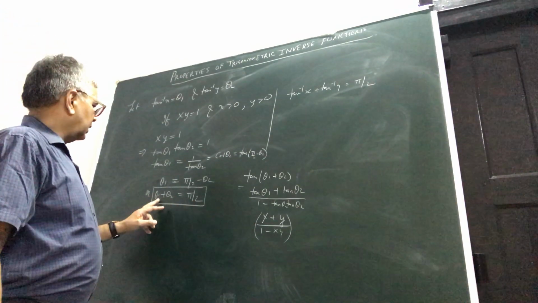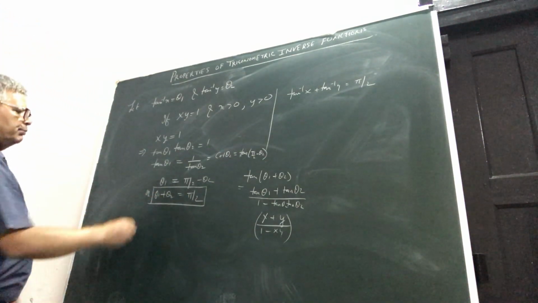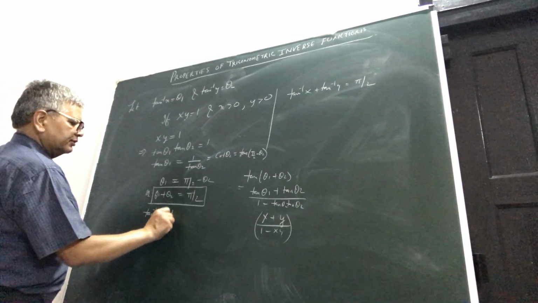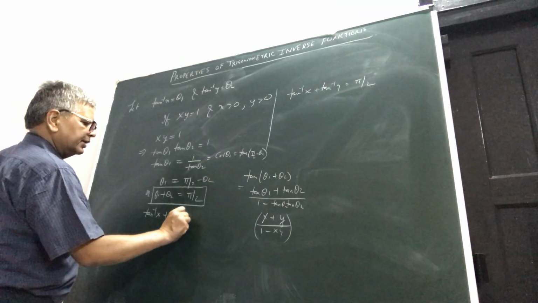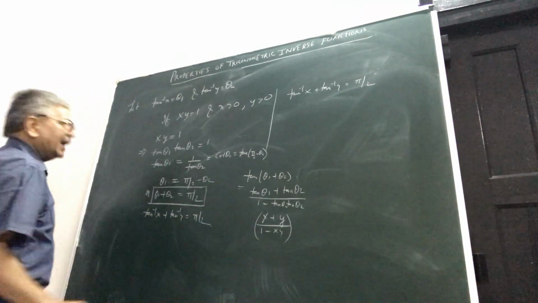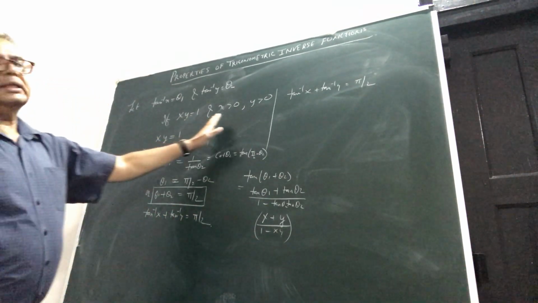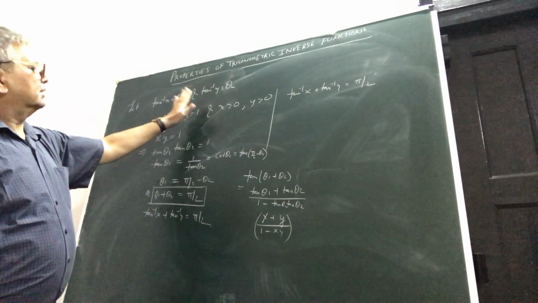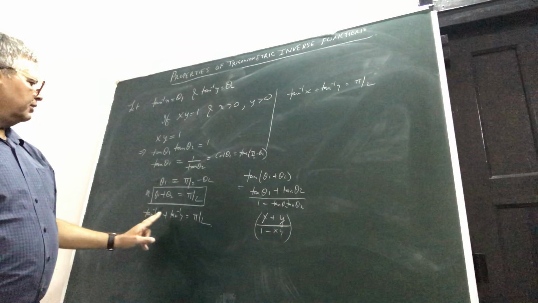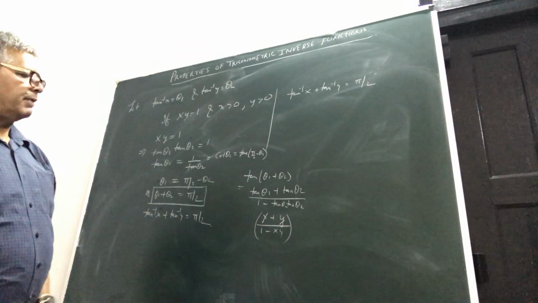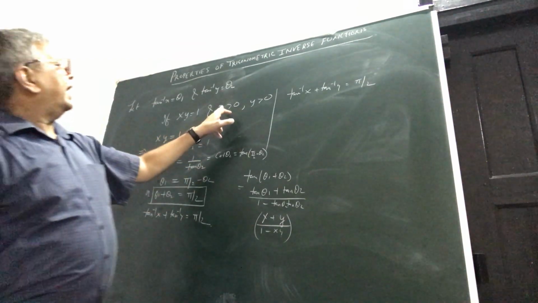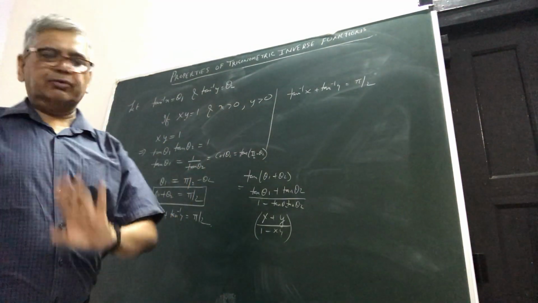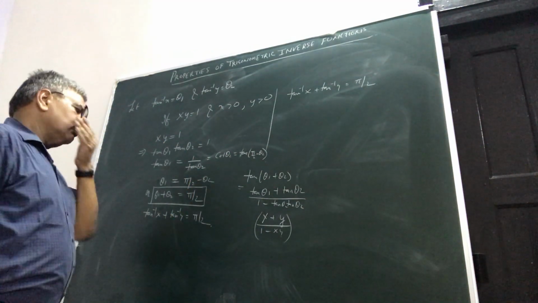Now in place of these you can put the values: tan inverse x plus tan inverse y is equal to pi by 2. This is the result. Likewise, you can prove the other result, that tan inverse x plus tan inverse y will be equal to minus pi by 2, provided x is less than 0 and xy is of course equal to 1.